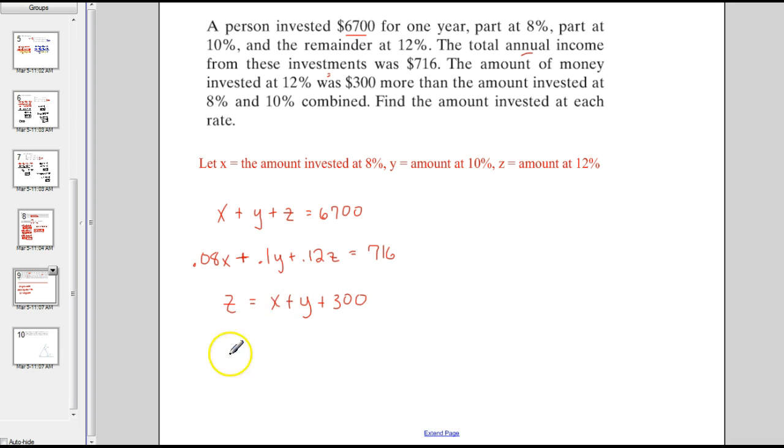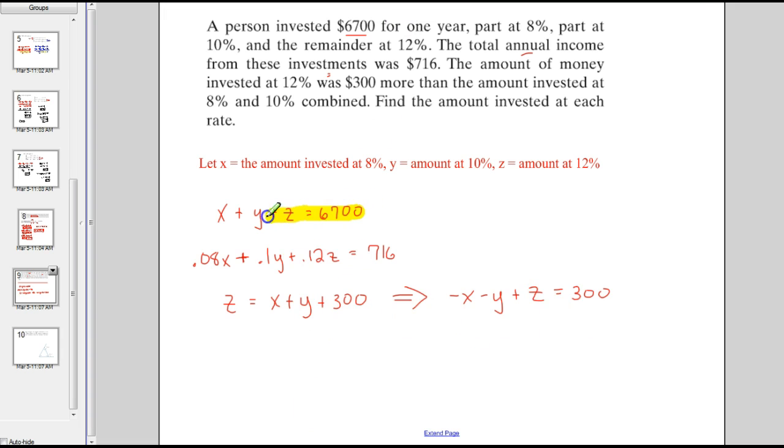The easiest thing would just be to move the X and Y over to join Z. So this equation right here is actually going to be rewritten as negative X minus Y plus Z equals 300. Okay, and all I did there is I just subtracted X and Y from both sides. Okay, so minus X minus Y plus Z, and the only thing left here is 300.